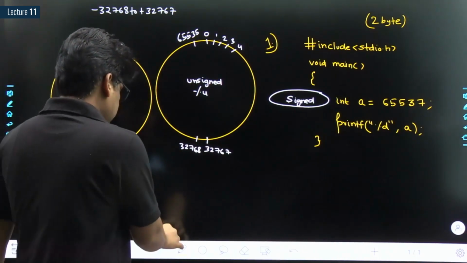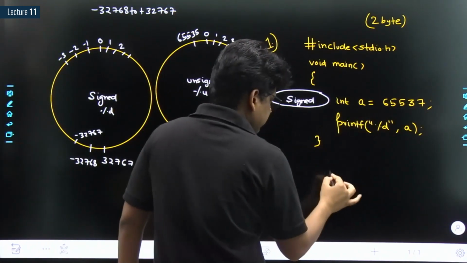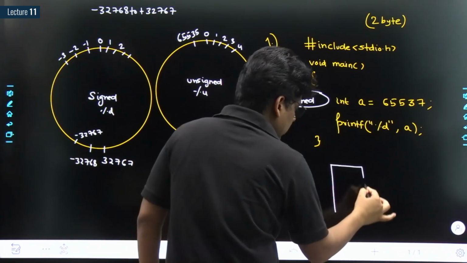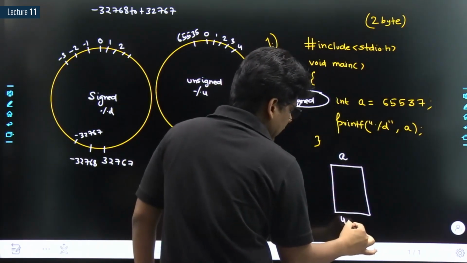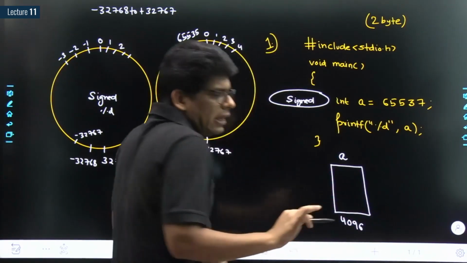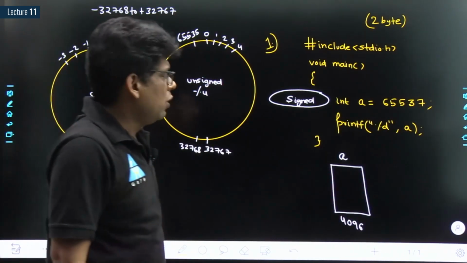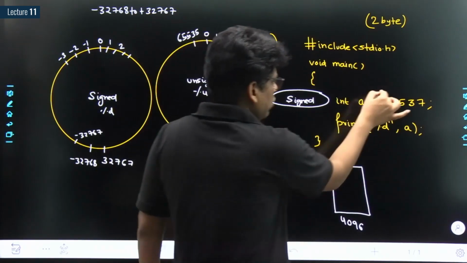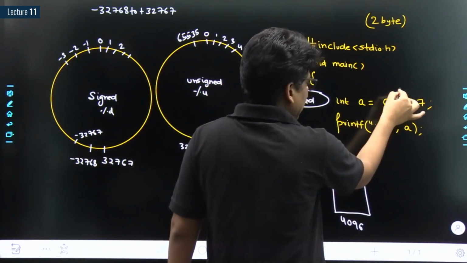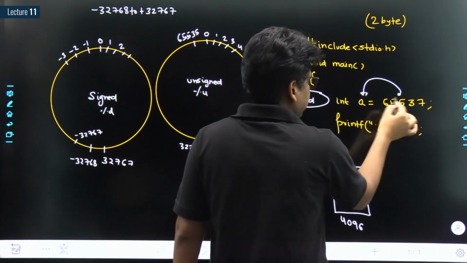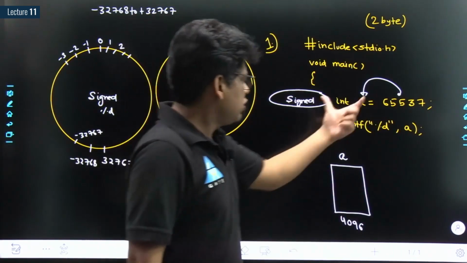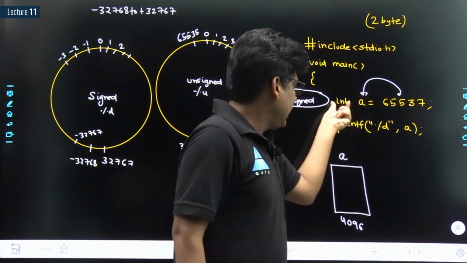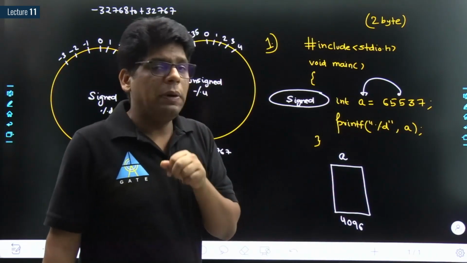Sir, somewhere in memory, a variable is created with some address, but we don't care about the address as of now. Okay, and we are trying to store the value 65537 inside A. So first, can we store this value in an integer that occupies 2 bytes?